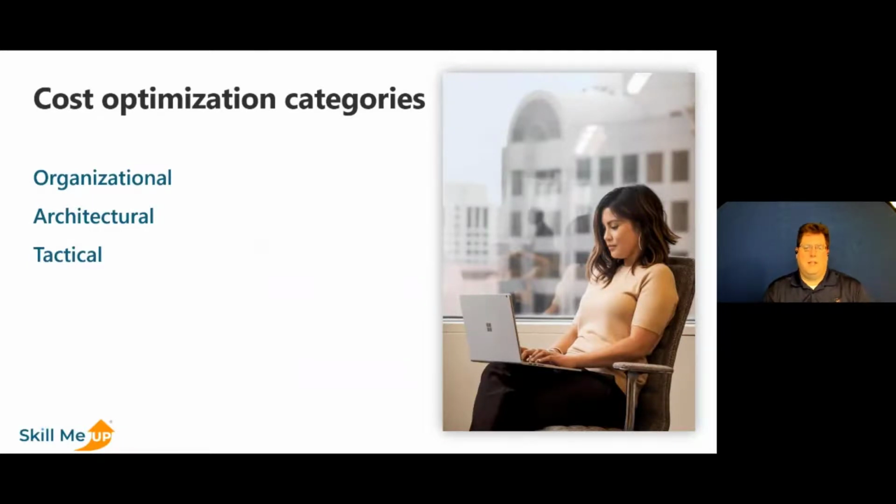And then we look at this all in three different categories when we're looking at cost optimization. There's the organizational level, which really is our business costs, what we budgeted within our departments for our cloud spend. Then there's the architectural, when we're looking at the pillars for the well-architected framework or even the cloud adoption framework, where we're optimizing how the environment is architected and whether it's modernizing workloads to optimize costs as well.